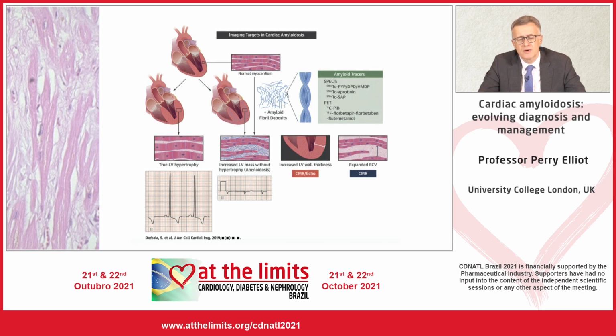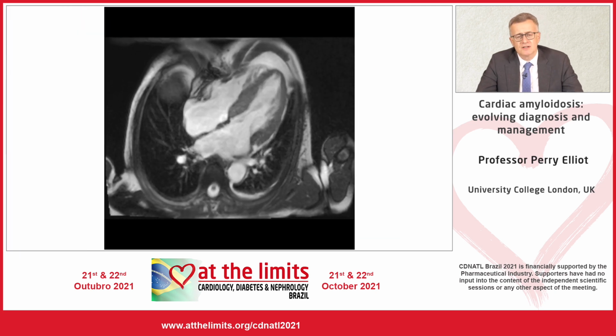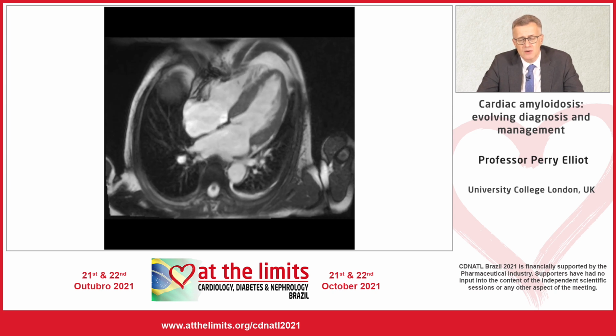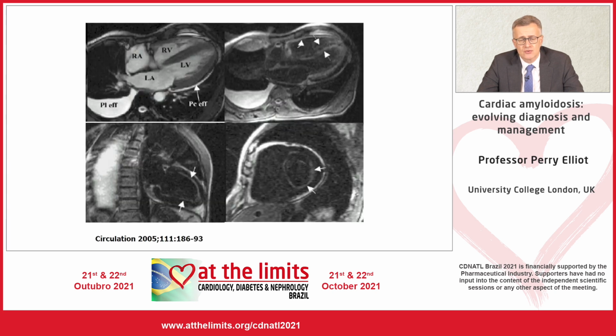As I'm going to show you, one of the biggest advances we've had in recent years is our ability to specifically image amyloid fibrils themselves. So here you see a typical MRI in someone with cardiac amyloidosis, very similar to the echo I've already shown you, with concentric left ventricular hypertrophy, atrial dilatation, and right ventricular hypertrophy.